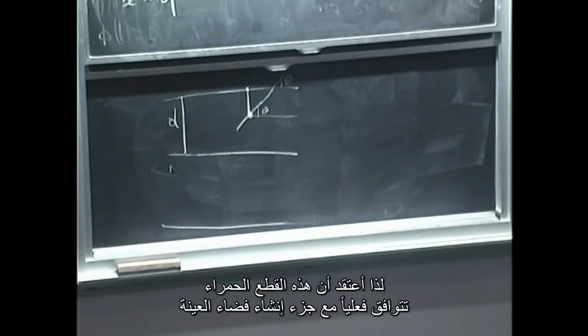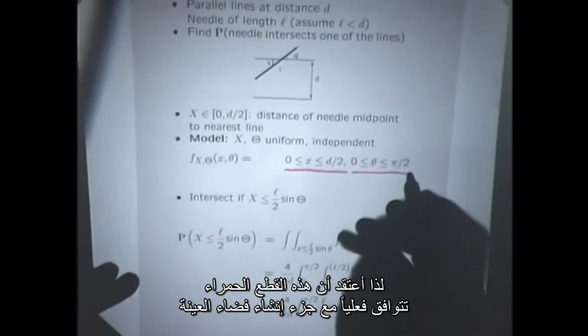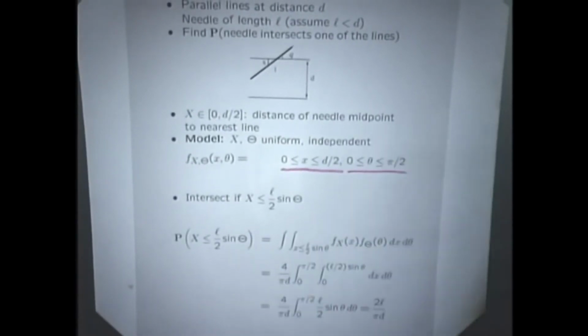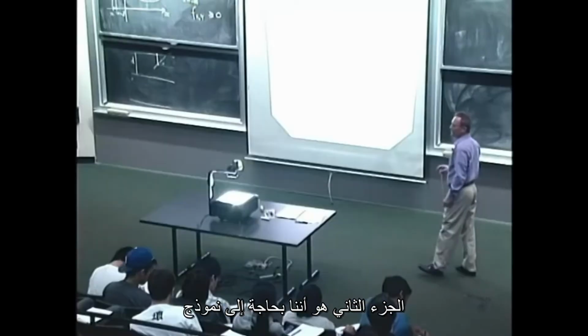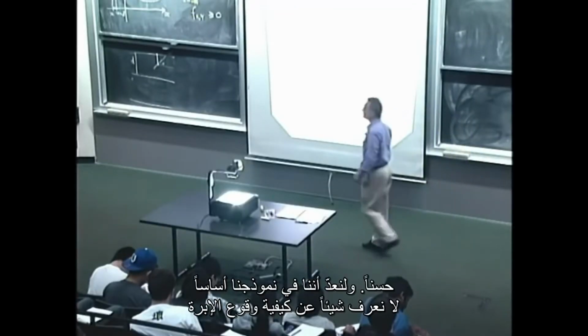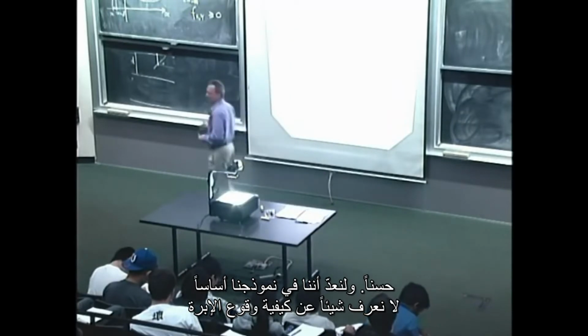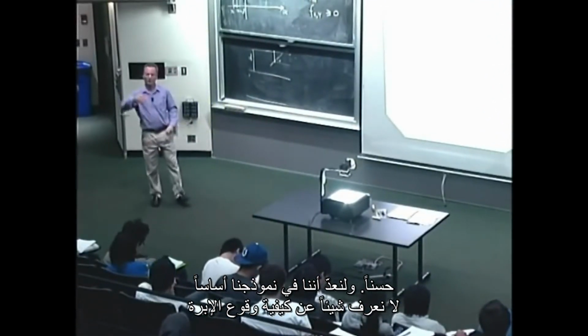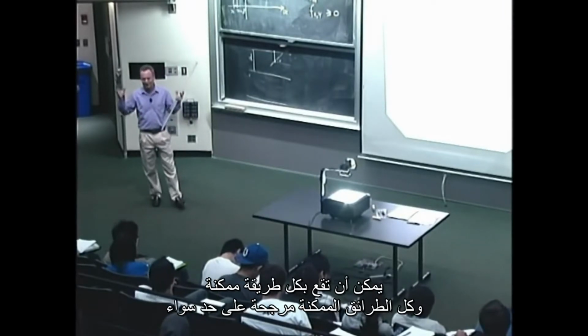So I guess these red pieces really correspond to the part of setting up the sample space. Okay, so that's part 1. Second part is we need a model. Let's take our model to be that we basically know nothing about how the needle falls. It can fall in any possible way, and all possible ways are equally likely.